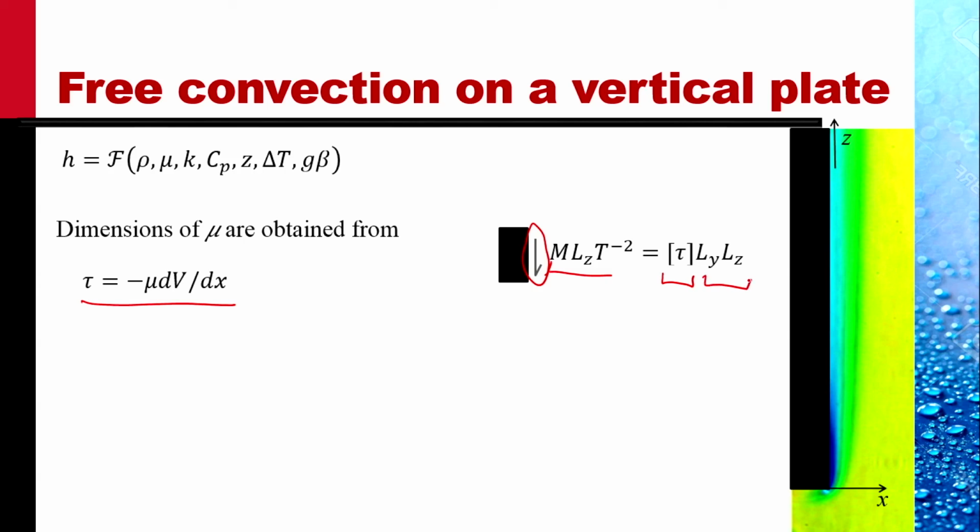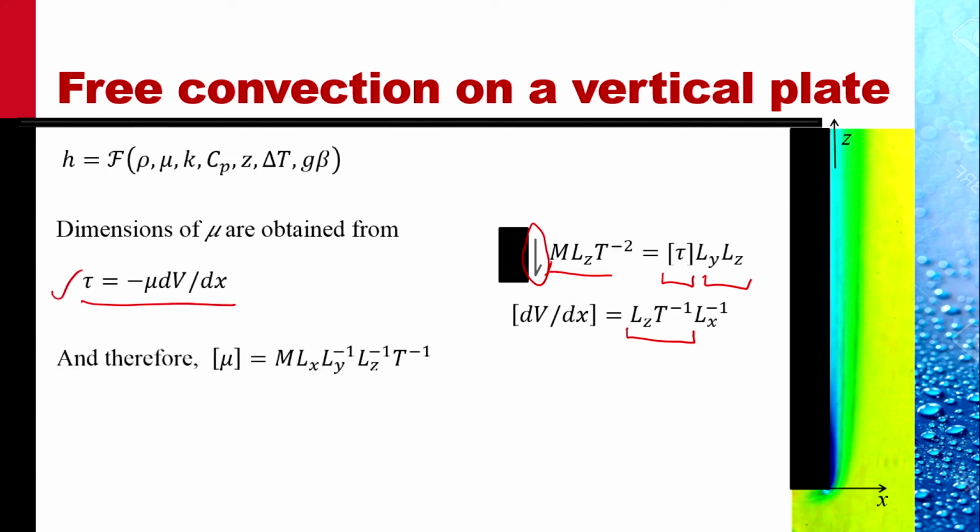So dimension of tau, the stress, would be m Lz t minus 2 divided by Ly Lz. The dimension of velocity gradient dV by dx: the velocity is Lz t minus 1, and dx in the x direction is Lx. So divided by dx would convert to Lx raised to minus 1. And using these two in this equation, we get the dimension of viscosity as these.